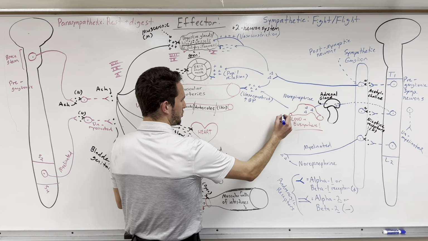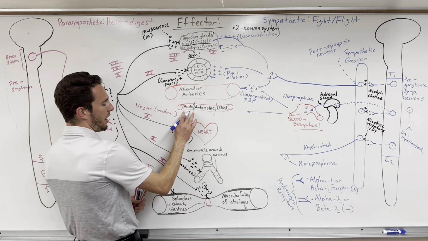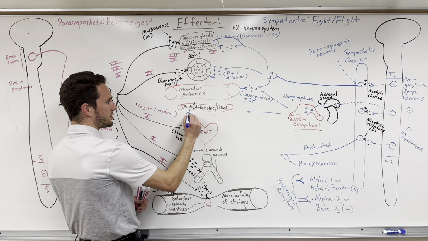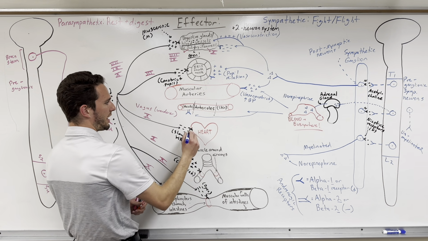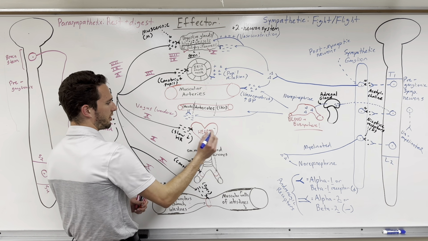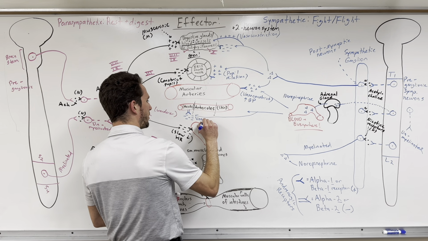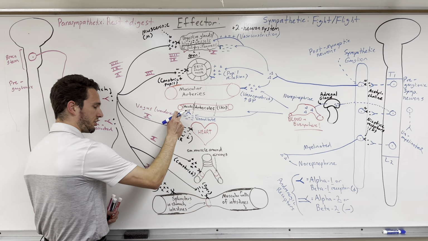So what's interesting is when norepinephrine gets here, they're going to act on the arterioles of the muscles, and we're going to have beta 2 receptors. And when we bind to the beta 2 receptors, we're actually going to relax them. I'll explain this a little more in a second. So I'm going to say relax or open, vasodilate the arterioles in the muscles.